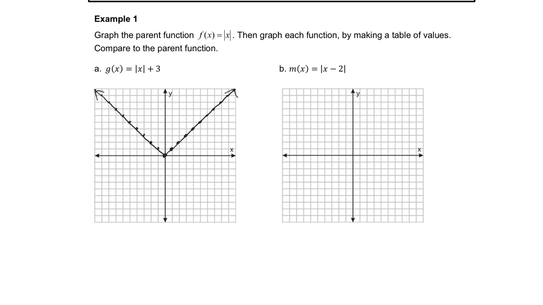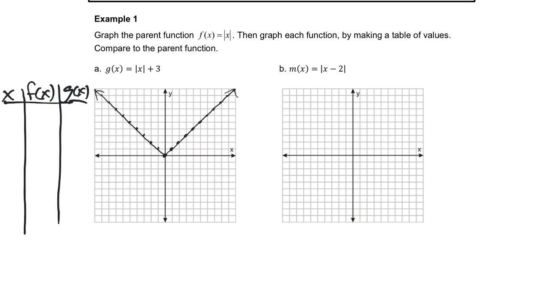Now, if I was going to make a table of values here, which I will put over here, here's x, and then I'm going to do f of x. And later I will do a g of x because we want to graph g of x. Let's just do from -2, -1, 0, 1, and 2. And I'm going to plug in my table of values.